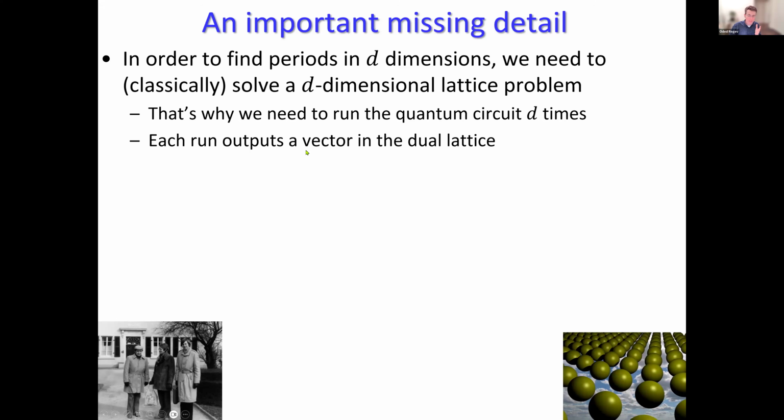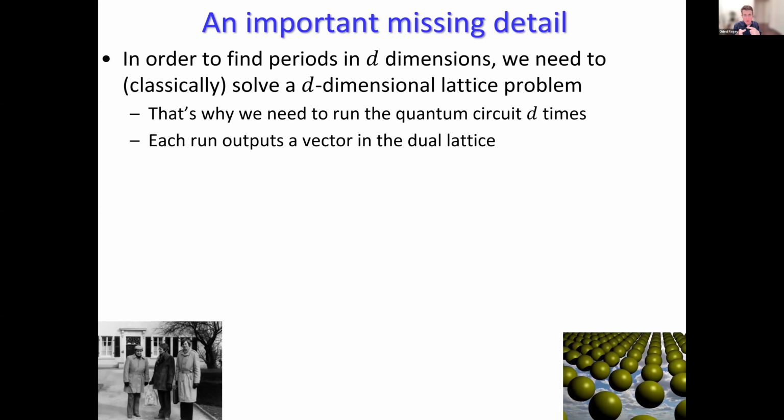Let me just mention, it's not something you haven't seen before. If you go to Simon's algorithm, one of the first quantum algorithms we teach, something similar is happening there. You're trying to find a hidden periodicity in the hypercube, {0,1}^n, or {0,1}^d.